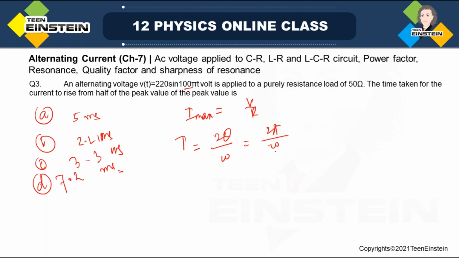Here omega is 100 pi, so the 2 pi, keep as it is, and omega is 100 pi, so pi goes off.